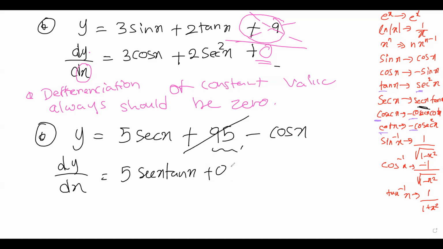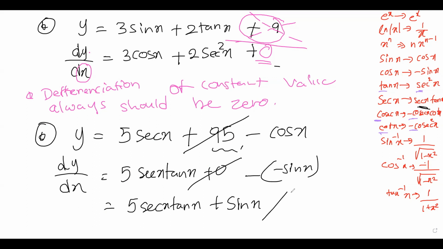No need to consider this one. Minus cos x: the derivative of cos x is minus sin x. Now you can write it as 5 sec x tan x, minus into minus becomes plus sin x.